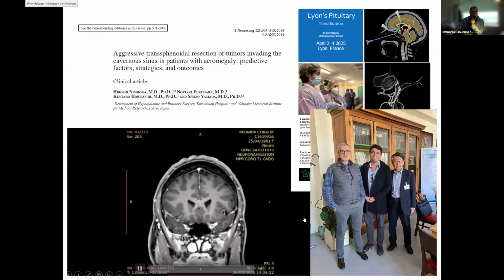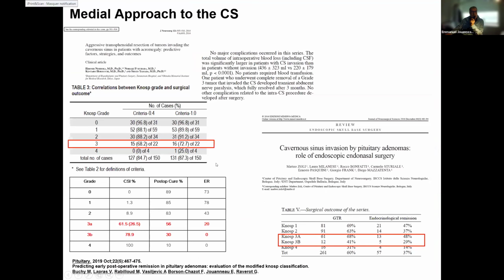But when you look at the results, it's very interesting. There is the series of Diego, who published also a lot in pituitary surgery, in PitNET, in cavernous surgery. When you look at grade 3 invasive tumors, some results are very impressive, like in the series of Nishioka, with a little bit more than 50% of acromegaly patients cured with a more aggressive surgery.